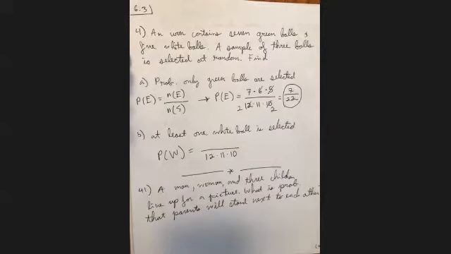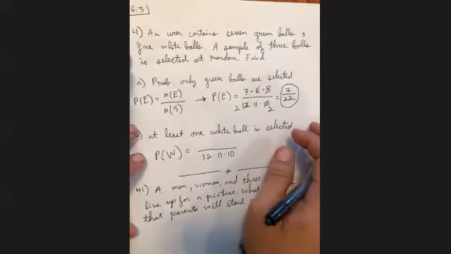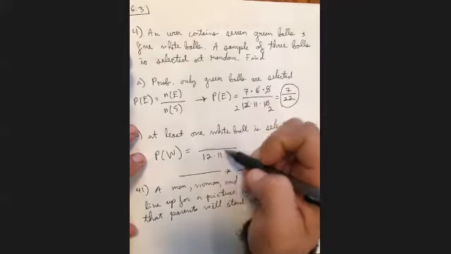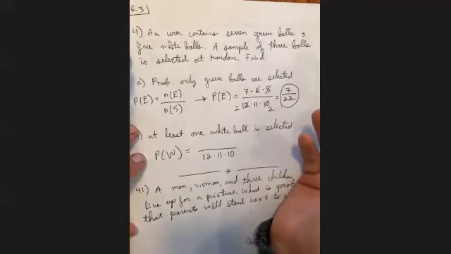Now, we don't care about the order here. We don't care whether we select the white ball first or we select it third. It doesn't matter. So order doesn't matter. All we care about are unique combinations. So the way I think this through is, let's just say that the first selection must be a white ball.